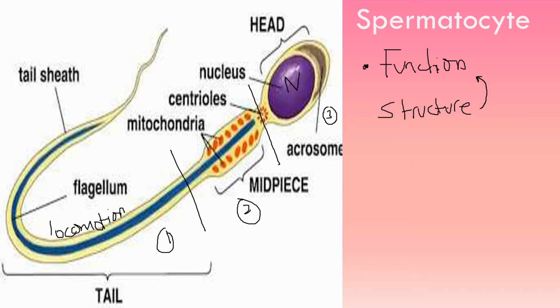So that's obviously important in order for the sperm to get to its destination. The midpiece is crammed full of mitochondria, and if you've done the work on the generalized cell, then we know that mitochondria are used for energy production, specifically ATP.